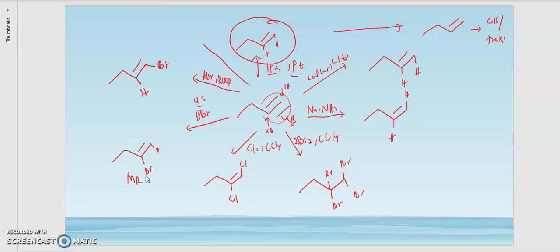Okay, so for this one, if you ada 2 mole of HBr, so ingat produk mesti dapat germinal. Okay, so this one 2, maksudnya 4 sigma bond yang baru. So kena guna Markovnikov rule, so you akan dapat Br di dalam, sorry, H di luar.